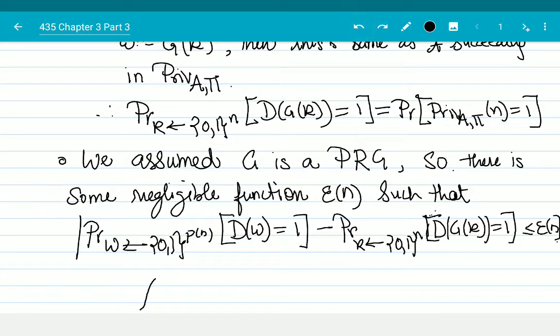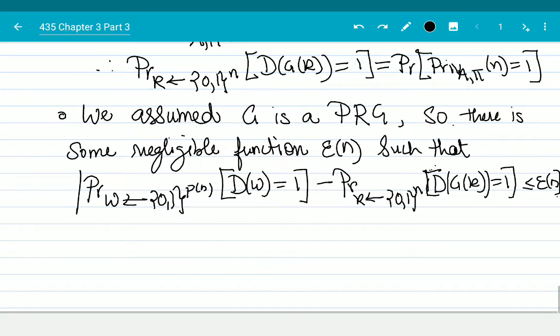That is what it means for something to be a pseudo-random generator. This probability should be negligible.